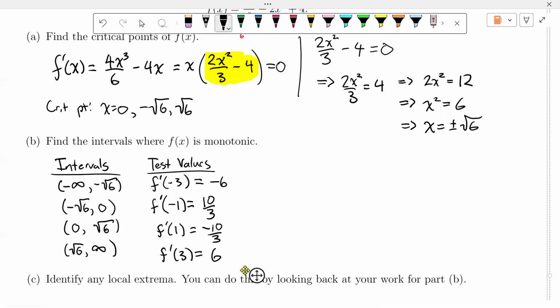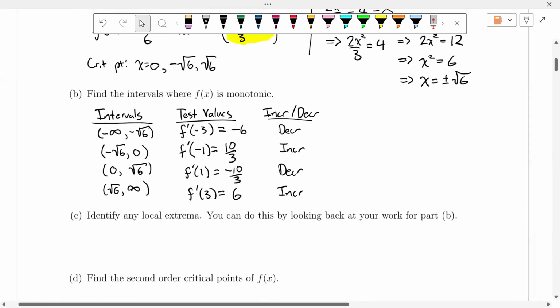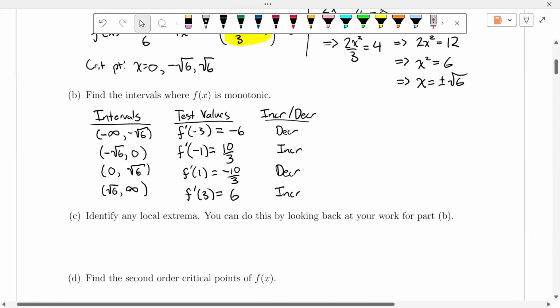And that's good because now we can classify our function as being increasing or decreasing on each of these intervals. So which is it here on this first interval? Increasing or decreasing? Decreasing it is. Then increasing because it's a positive 10/3, and decreasing because it's negative, and increasing because it's a positive. All right. Now the next task is to identify any of the local maxes or local mins that exist in this function.